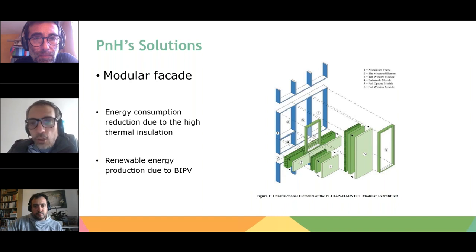In Cardiff, for example, we will need more width for the insulation. It also depends on the facade: if we install it on a north facade or a south facade, we can use the PV panels or not. So it's adapted to every situation.